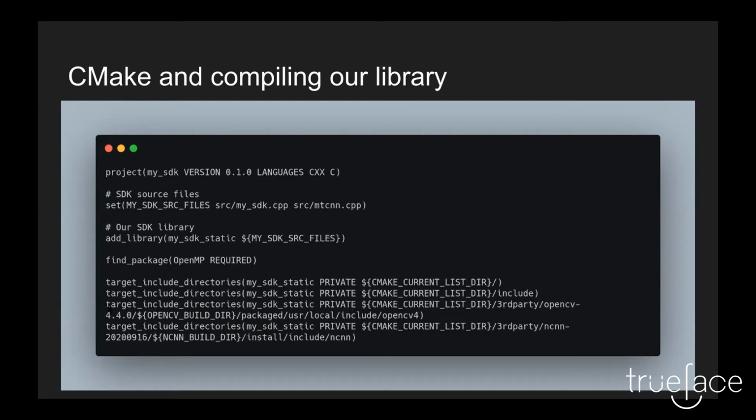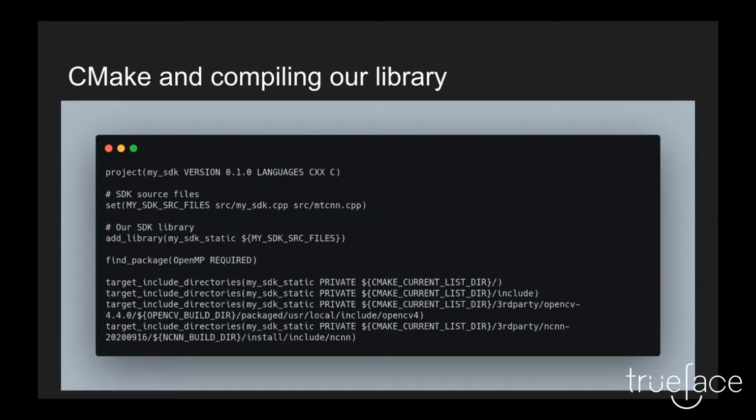So basically next, we tell CMake where to find the necessary include header files that our source files require, pardon me. Something to note though, although this will build our library right now as is, when we try and link against our library, we'll find that we'll get an absolute ton of undefined reference to symbol errors from both OpenCV functions and NCNN functions.